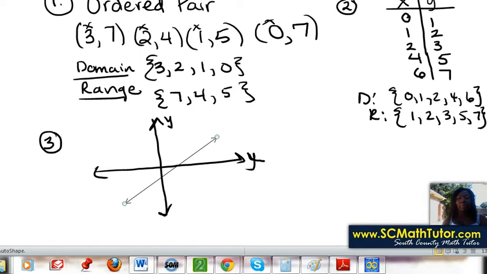We're trying to figure out the domain and the range of my black line. Domain is the set of x values. What is the graph doing for the x?